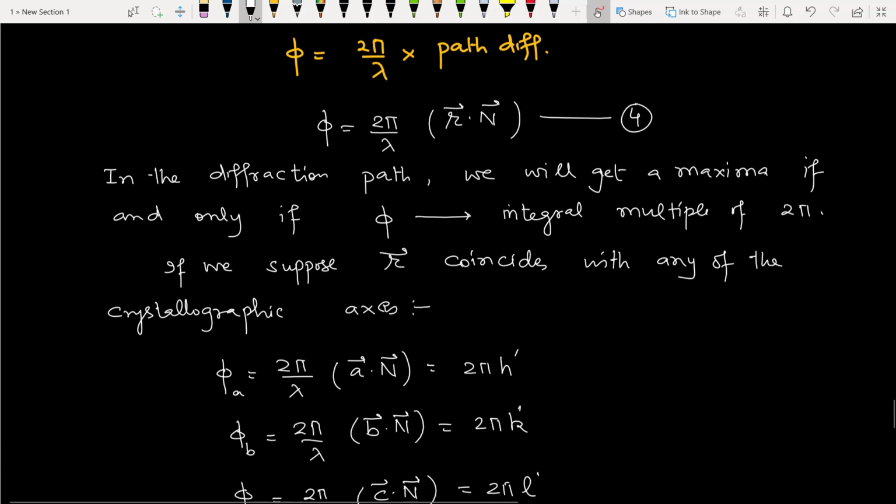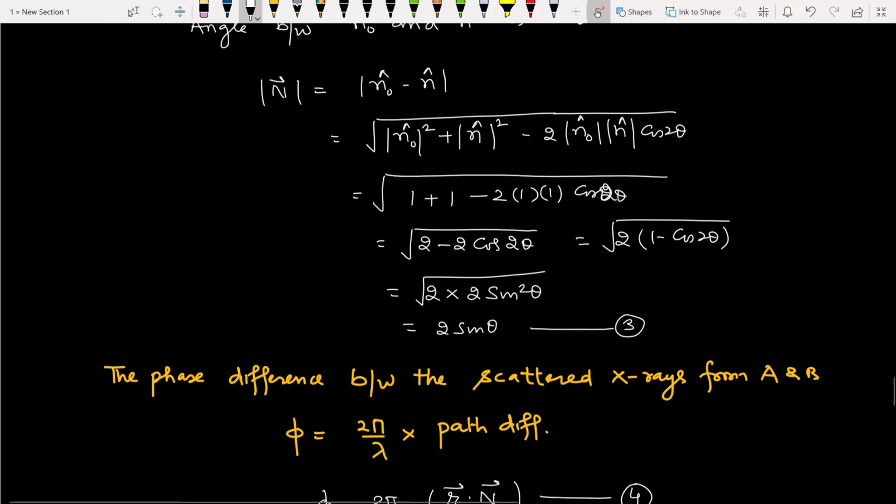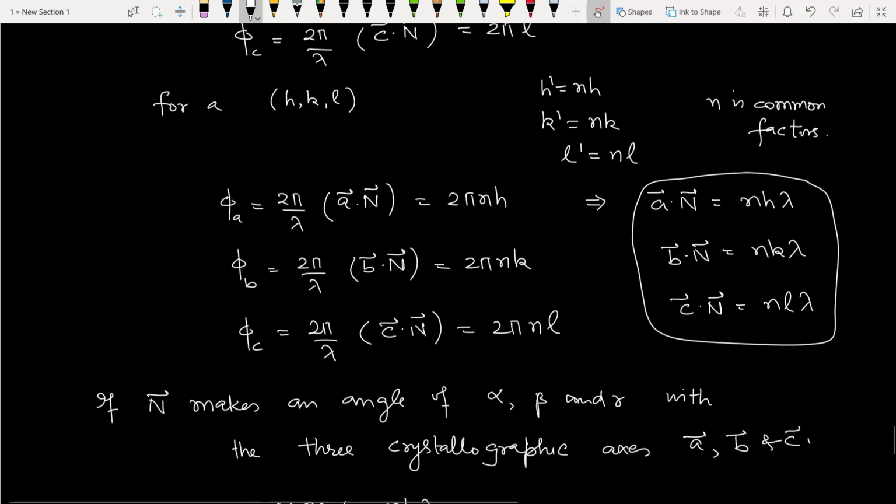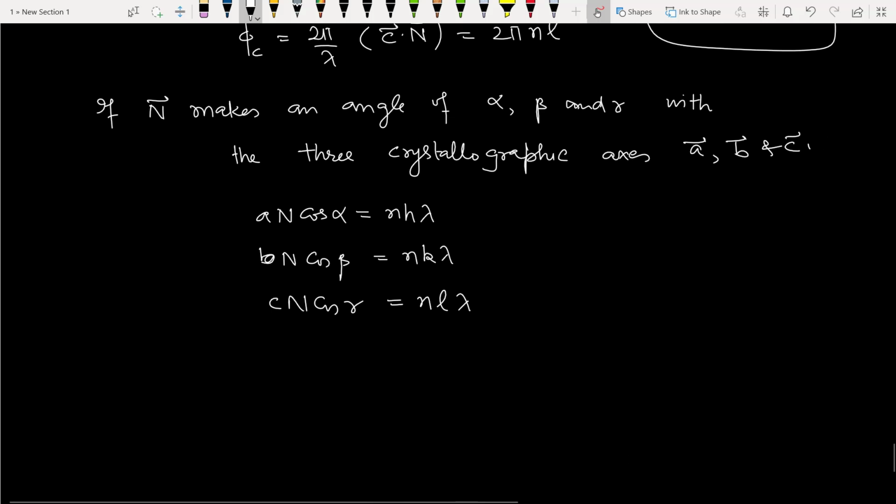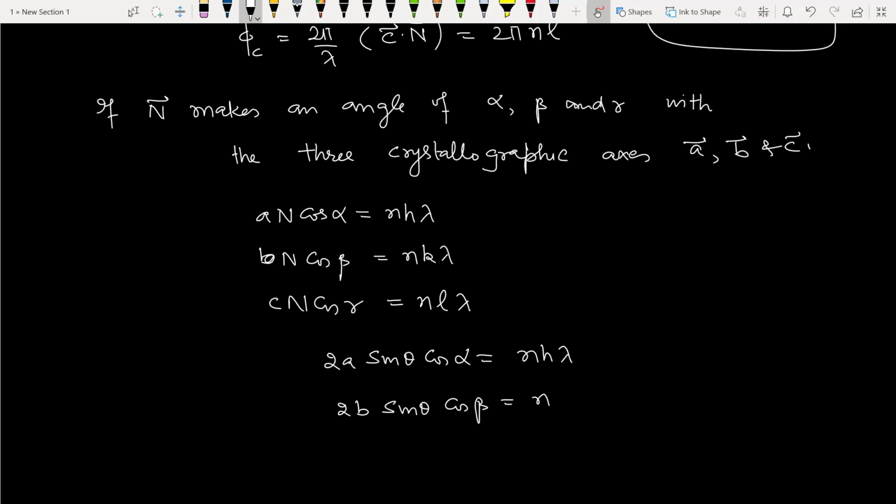And from equation number 3, n is equal to 2 sin theta. Substituting here, it will be 2a sin theta cos alpha equal to nh lambda, 2b sin theta cos beta equal to nk lambda, 2c sin theta cos gamma equal to nl lambda.